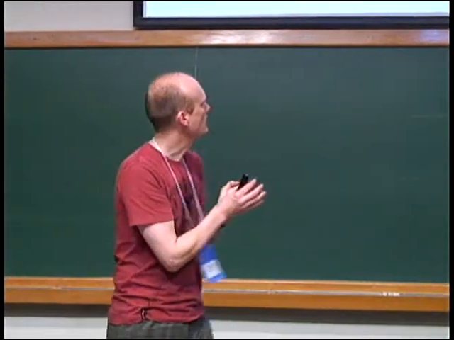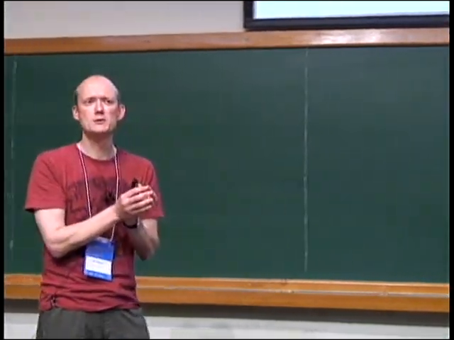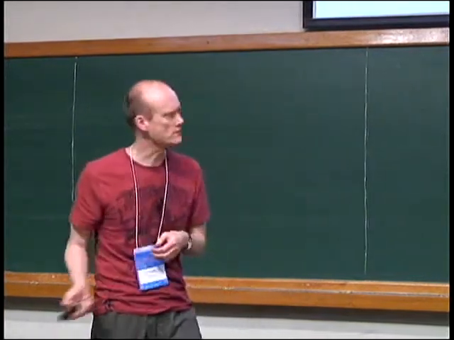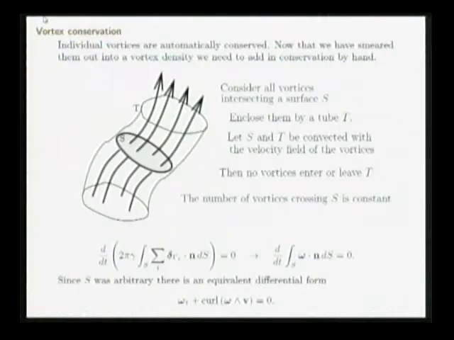But I don't have points, I have lines. So it's a little bit more unusual to do this conservation equation for lines. And the way that you do it is you imagine still that you have a surface. So I have some little patch, I've got some curve in 3D, which is bounding a little surface S, which is an open surface.